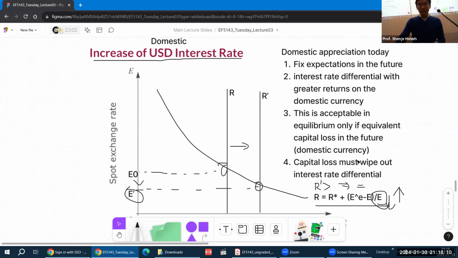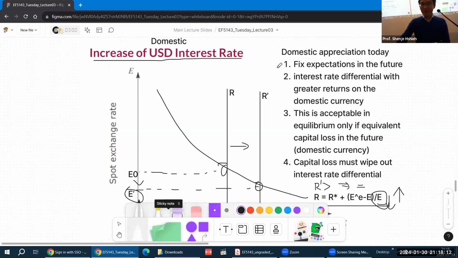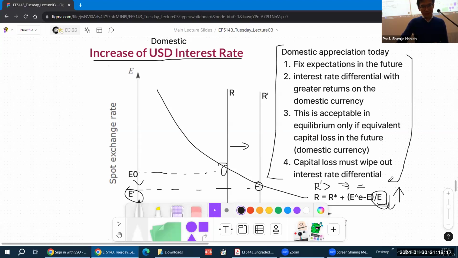That's the math. If that's not clear enough, you can walk through the economic equilibrium argument. Expectations are anchored. You have interest rate differentials, but the differential has increased. This is unacceptable because the original expected depreciation of the home currency is too small to wipe out the interest rate differential.